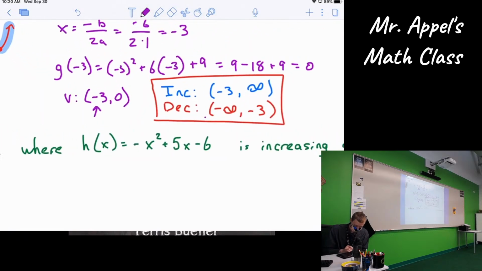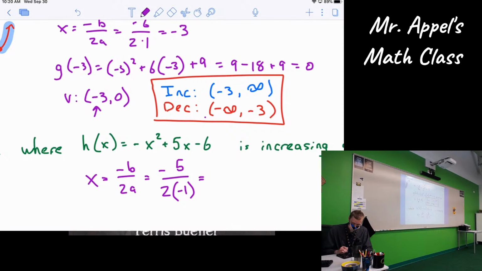Let's see, my vertex is opposite of b over 2a. I should have negative of 5 divided by 2. A is a negative 1. So there are two signs here.